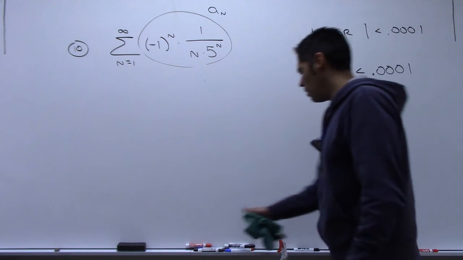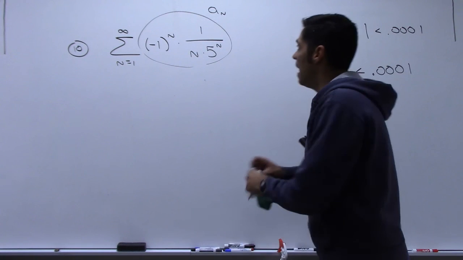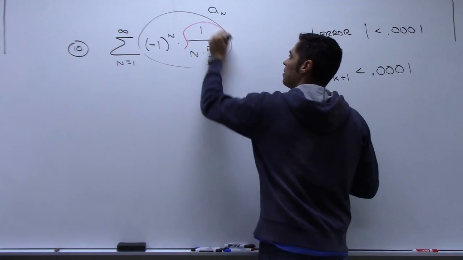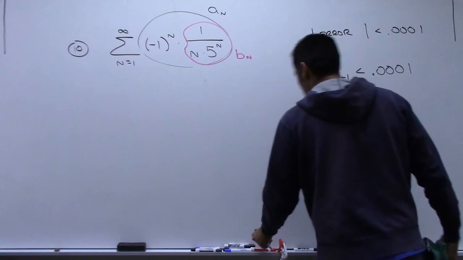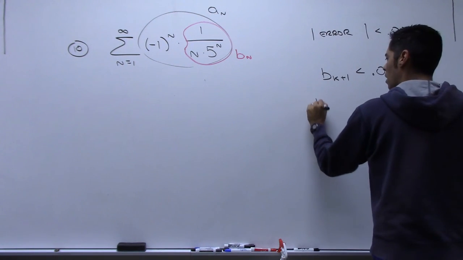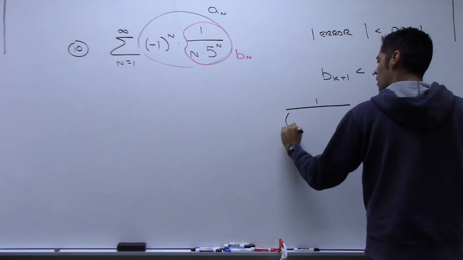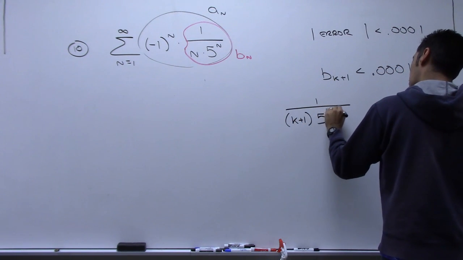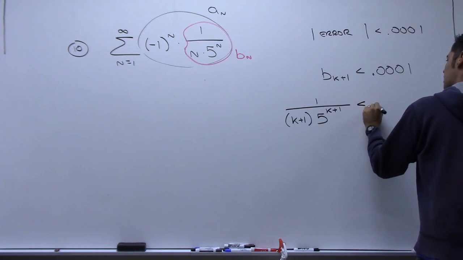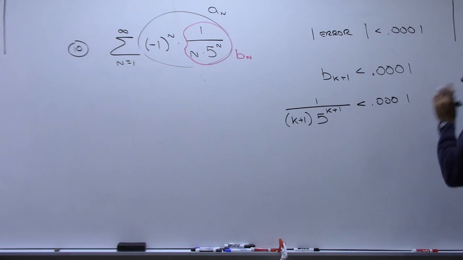Now, on this problem, b sub n is this piece. So b sub k plus 1 would be 1 over k plus 1, 5 to the k plus 1. I need that less than 0.0001.